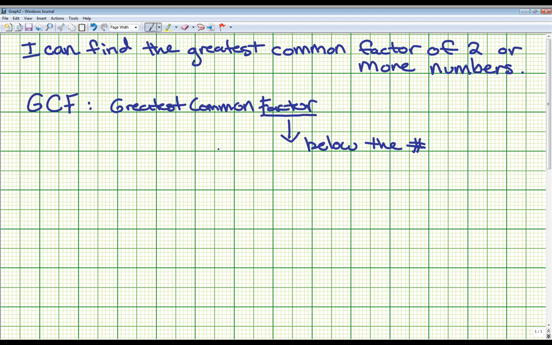So with that being said, we can go ahead and start some examples. Oh, one more thing, this word here, common. Of course, if we're trying to find something in common, both things have to share this factor. And if we're looking for the greatest common factor, it has to be the highest number on our list. So we'll go ahead and switch colors and get to some examples.